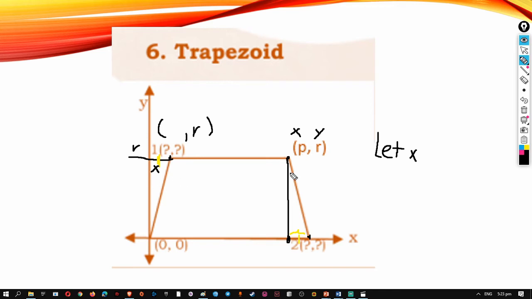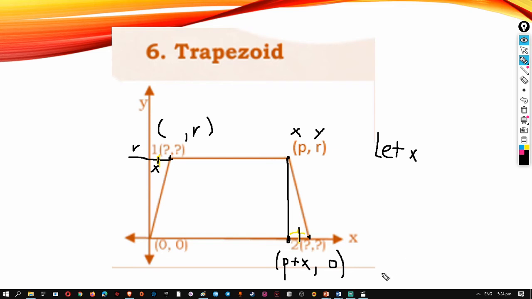So, in short, kung ito ay P, plus yon. Kasi 'di ba equal to, equal 'yan. Ginawa ko siyang let x, so therefore ito ay p plus x. Nasa x-axis siya. So, ibig sabihin walang y.